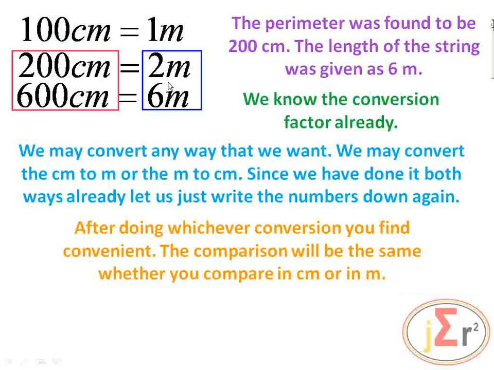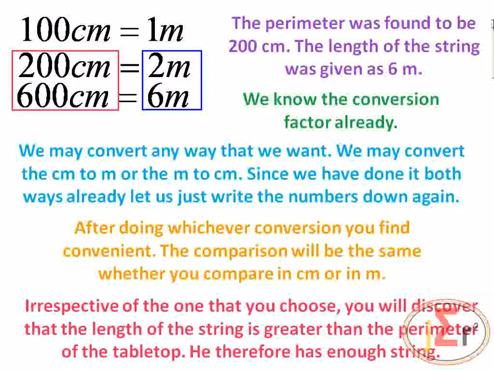And if we compare in meters, we have 6 meters here and 2 meters here. Anyhow we compare, we will see that the string is longer than the perimeter of the tabletop. Irrespective of the one that you choose, the length of the string is greater than the perimeter of the tabletop. He therefore has enough string.